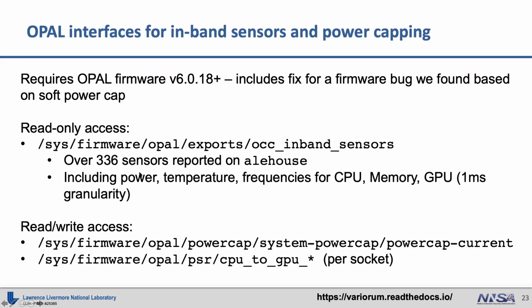There are over 336 sensors that are reported, and these include things like power, temperature, and frequencies for CPU, GPU, memory, all of that. For OPAL firmware, these are the files that are exposed through sysfs, and then we can write to those files to program them to let OPAL know how to set the power cap or the power shifting ratio.